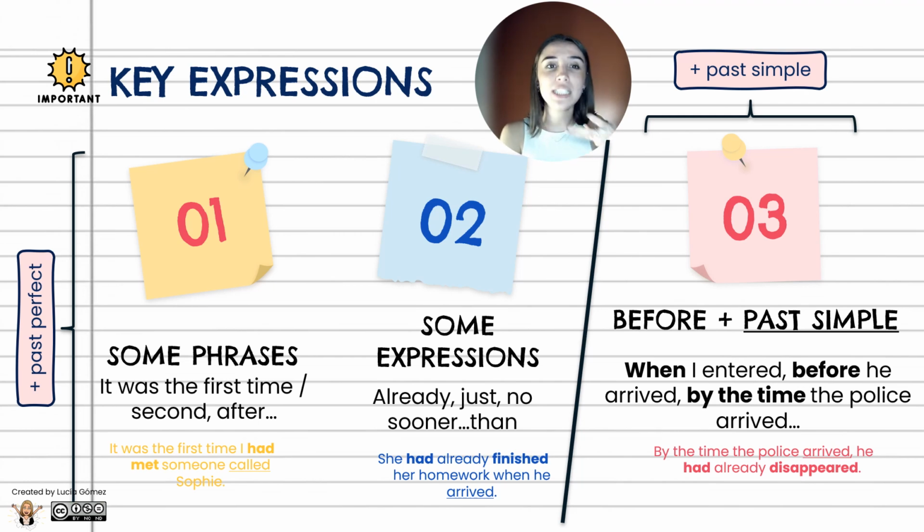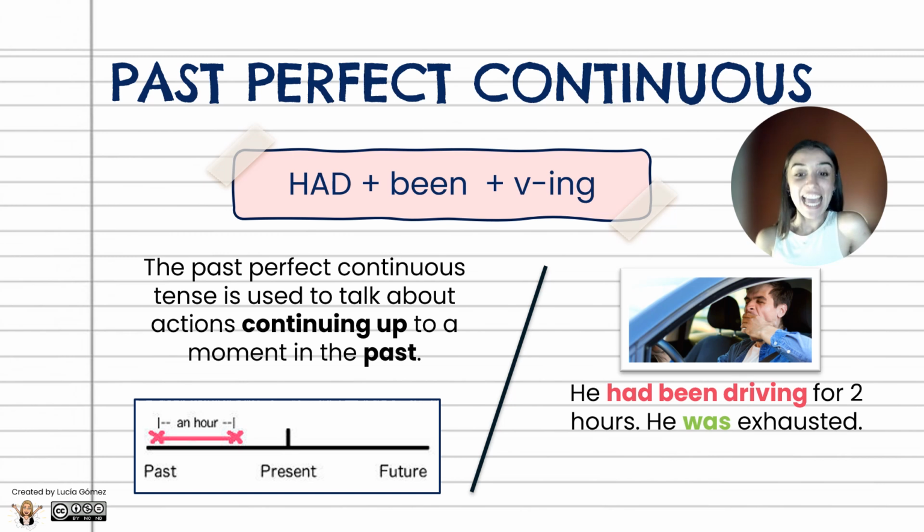But let us continue with past perfect continuous. Great. So, past perfect continuous. Well, just by paying attention at the structure is going to be quite similar to the present perfect continuous, but in this case, once again, with the past form. Since we are talking about a past tense, remember, the auxiliary is going to appear in its past form, had.